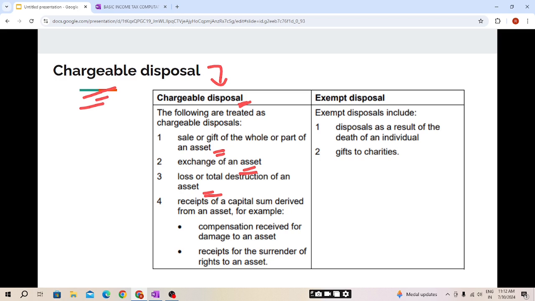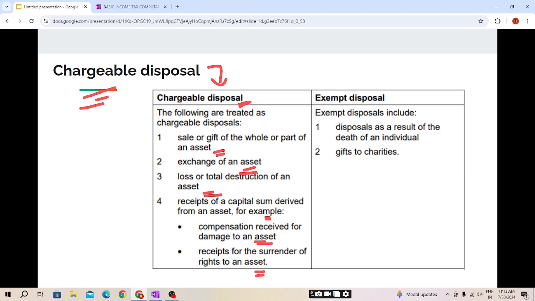Chargeable disposal means the disposal must be chargeable under the CGT. Receipt of capital sum derived from an asset, for example, compensation received for damage to an asset, or receipts for the surrender of rights to an asset.